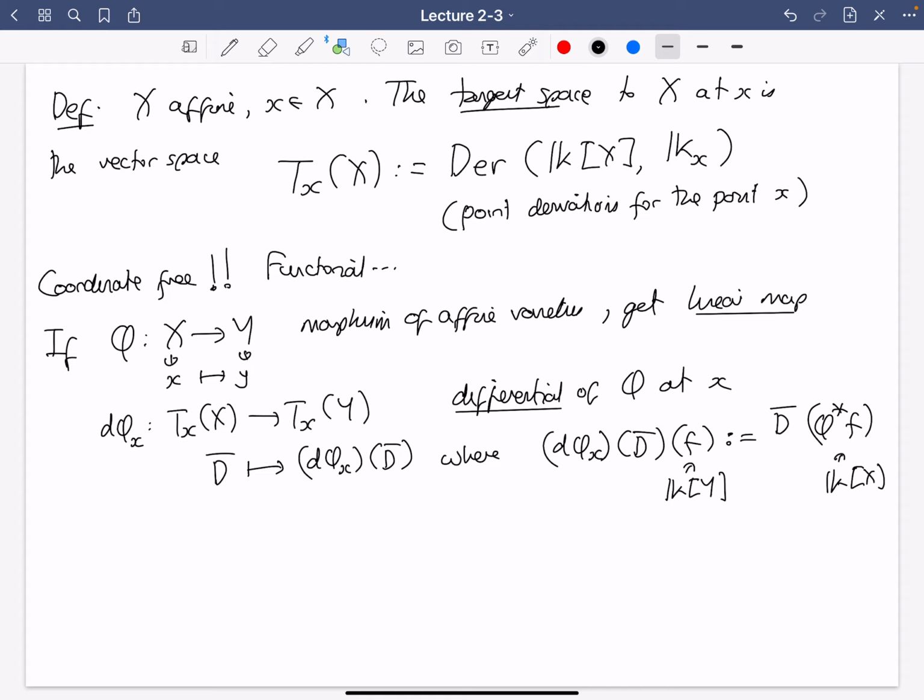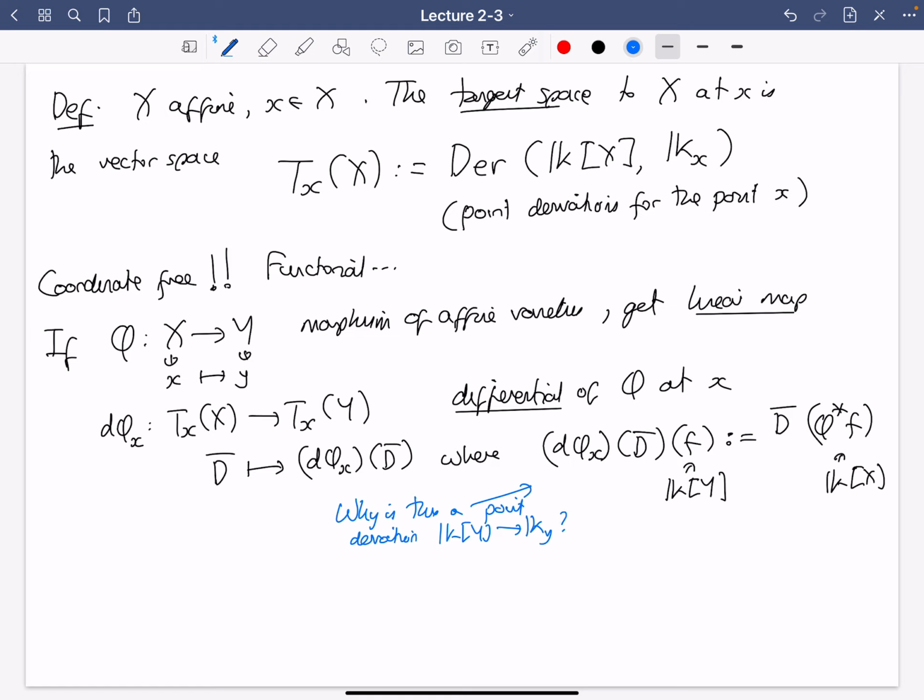But I guess we should check just a little bit. Why is this a point derivation from k[Y] to k? So maybe I should do a little bit of that.